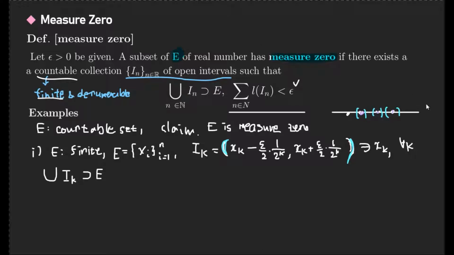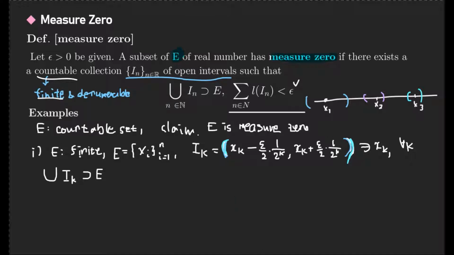But the important point is that when the subscript is bigger, the open interval shrinks, because of these properties.